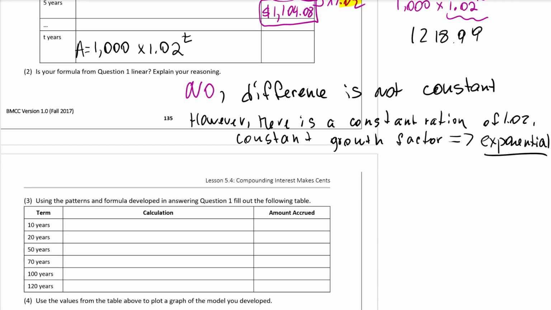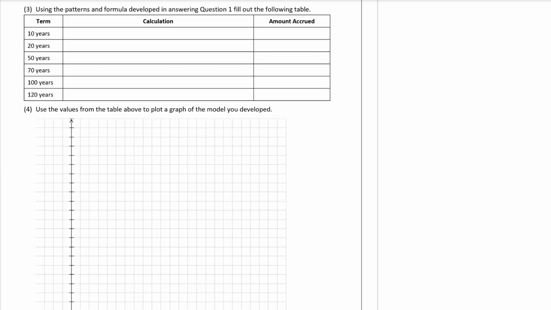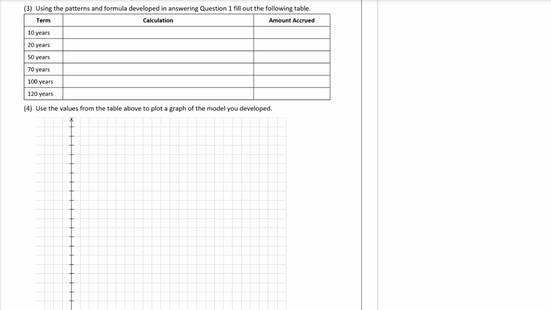Now we can apply this. Just to make this more efficient, I don't want to spend a lot of time graphing this, but I do want you to see how the model is going to look. So first, I would like you to do the calculations using that model. Can you fill out this table? Then in a few seconds you'll see the entire table filled out, and we're going to use Excel to graph this.